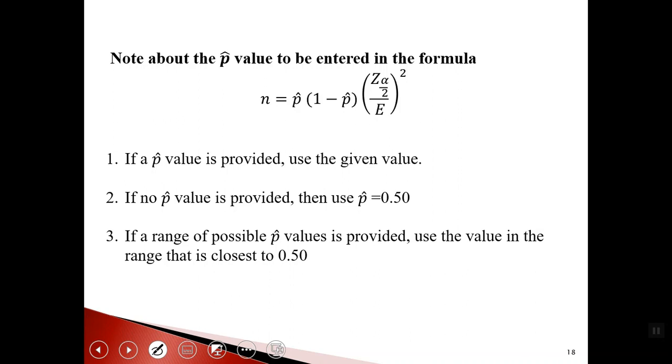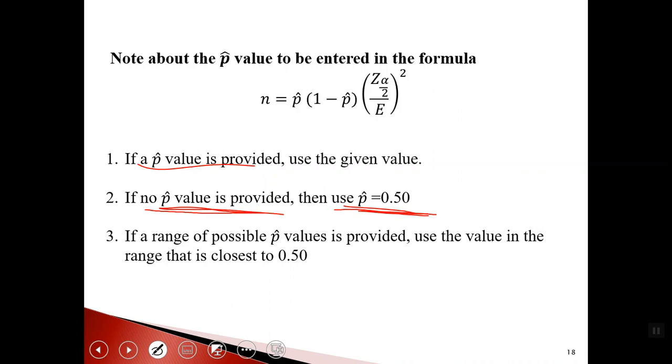Most of the time the p hat value is provided, no problem. If no p hat value is given, then use the default value, p hat equals 0.5. If the question hasn't mentioned p hat, please note that you have to use p hat equals 0.5, 1/2.